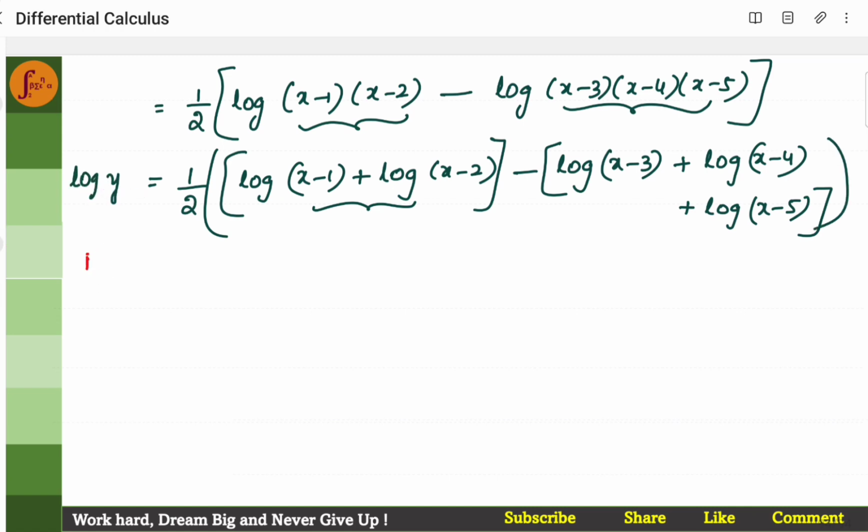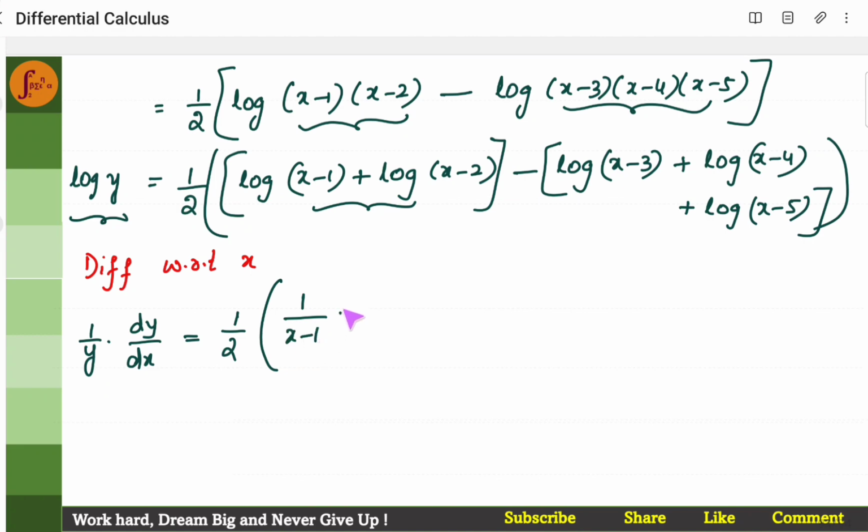Now I'll differentiate with respect to x. What is the derivative of this? It will be 1 by y into dy by dx equal to half log of (x minus 1). What is the derivative of log of (x minus 1)? 1 by (x minus 1). Then what is the derivative of x? It's 1.